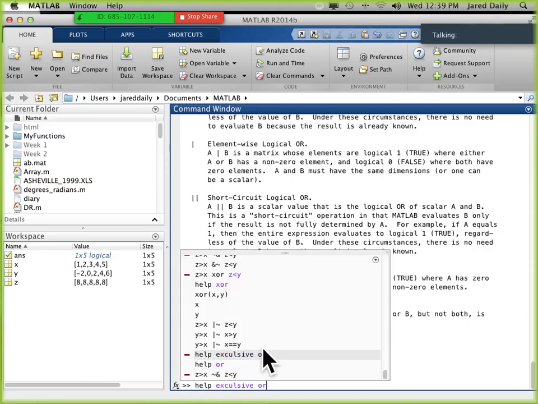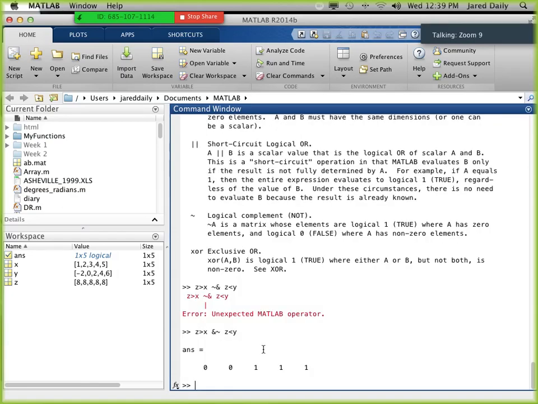Oops, not that one. We do this one first, and we get an answer like this, and then we can use no, that's not going to work either, because we need two things.